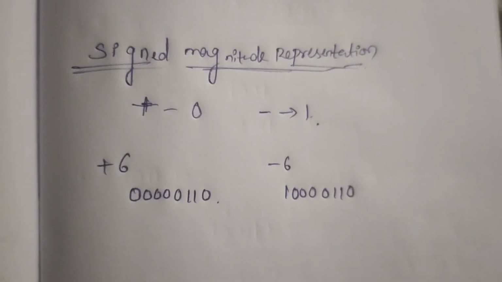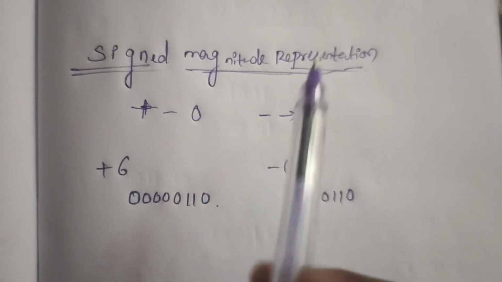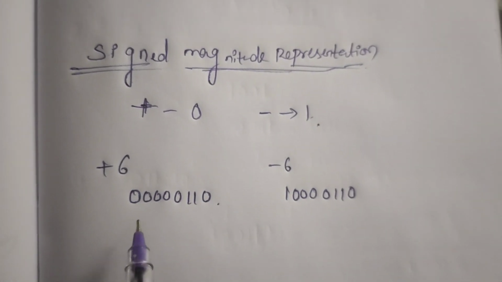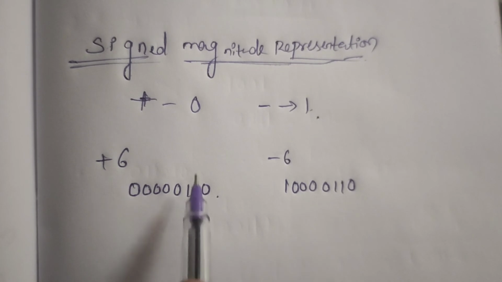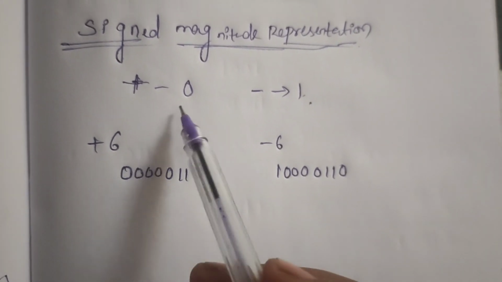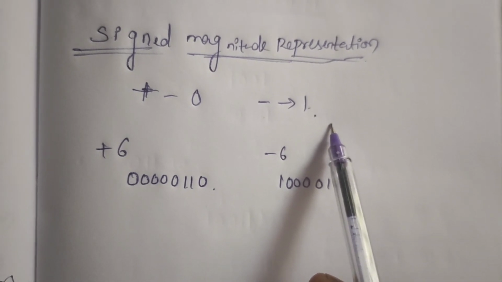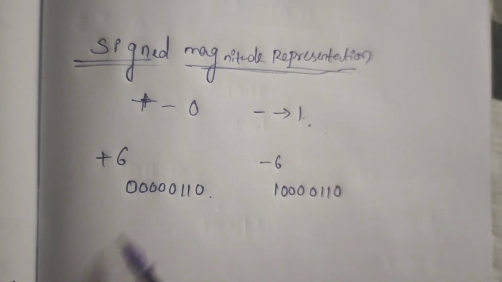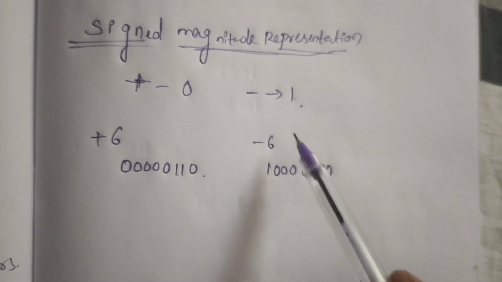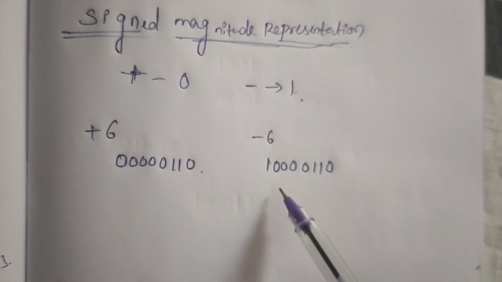Signed magnitude representation. In signed magnitude representation, the positive symbol is represented with 0 and the negative symbol is represented with 1. That is, if the MSB is 0, it is a positive number, and if the MSB is 1, it is a negative number.